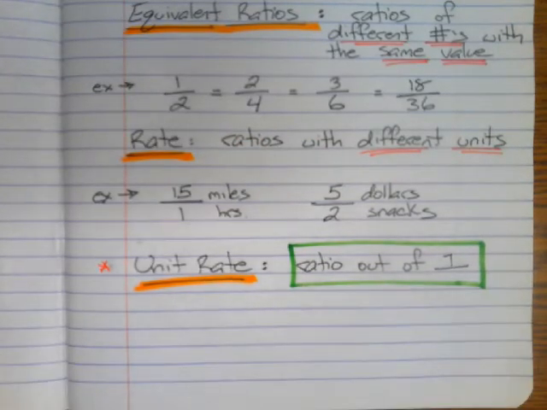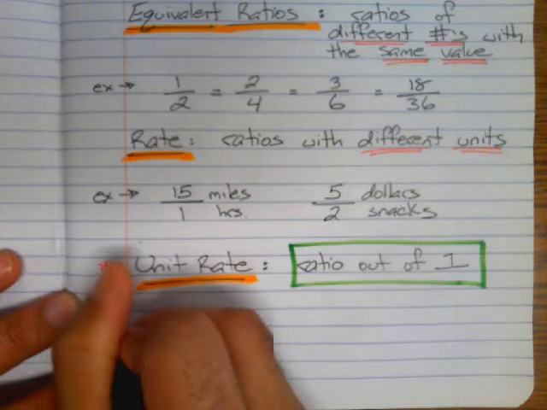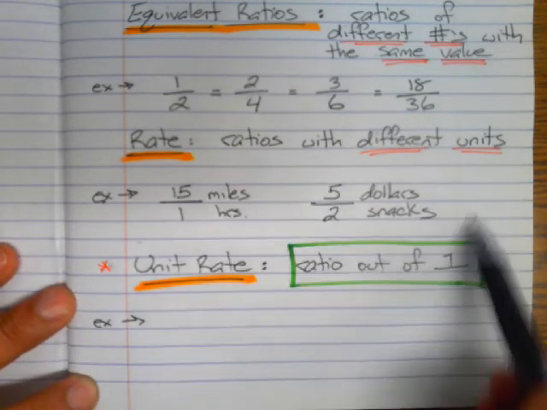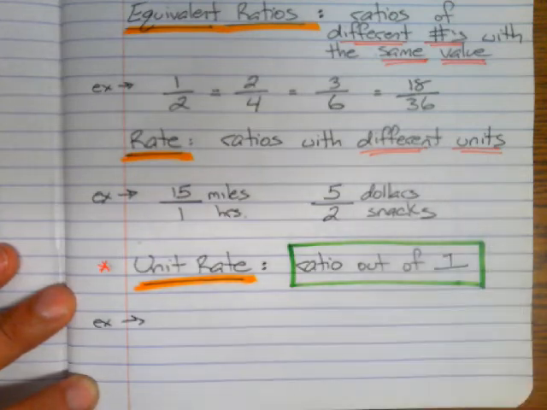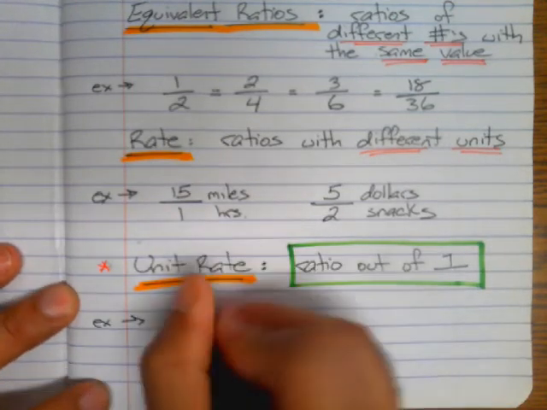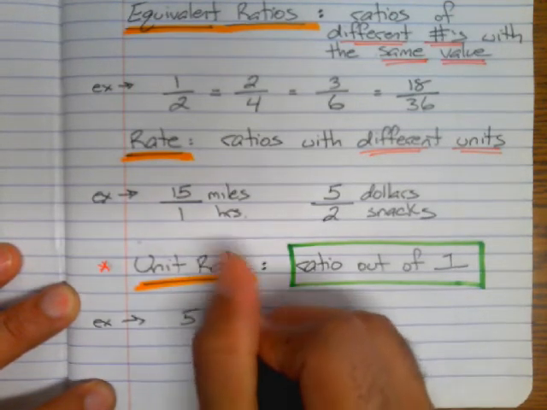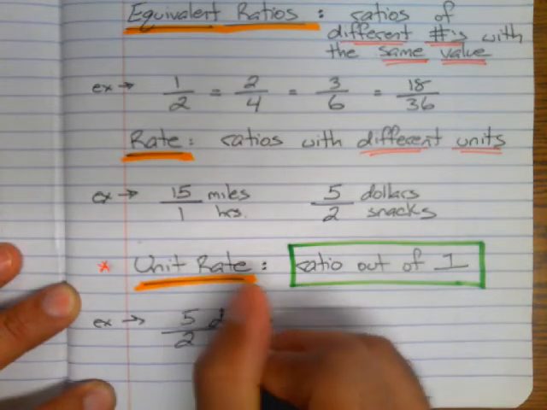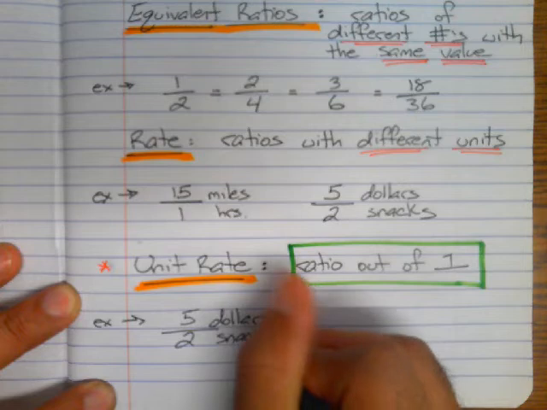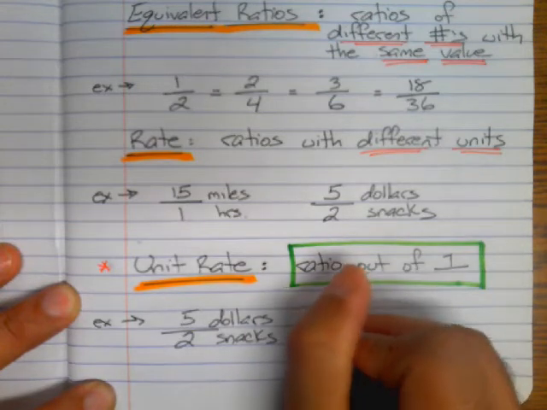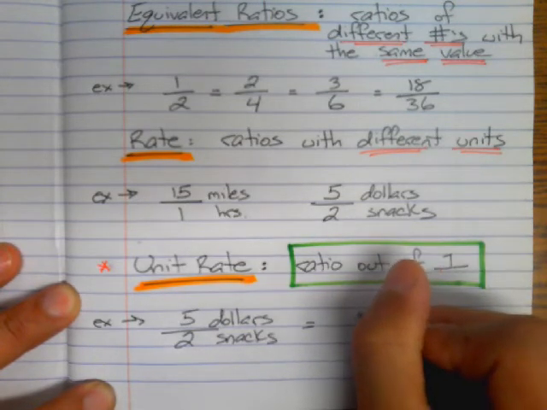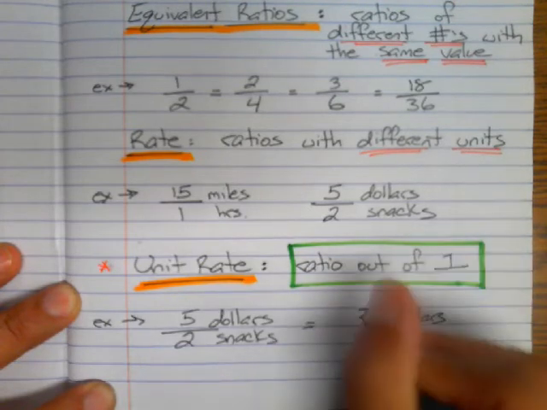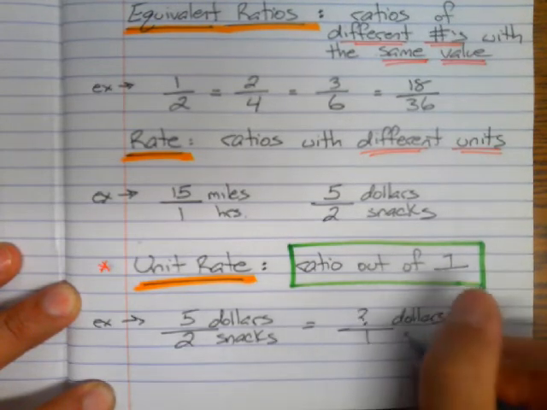For example, here's another example. Let's use this part right here, $5 for 2 snacks. If I have $5 that buys me 2 snacks, then how many dollars for 1 snack?